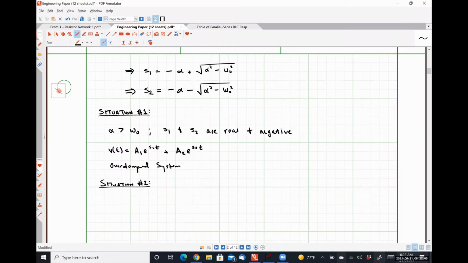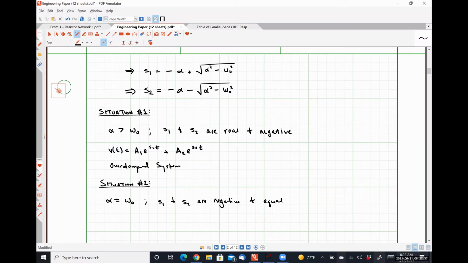If S1 and S2, or excuse me, if alpha is equal to omega naught, then this means that S1 and S2 are negative and equal. Okay.